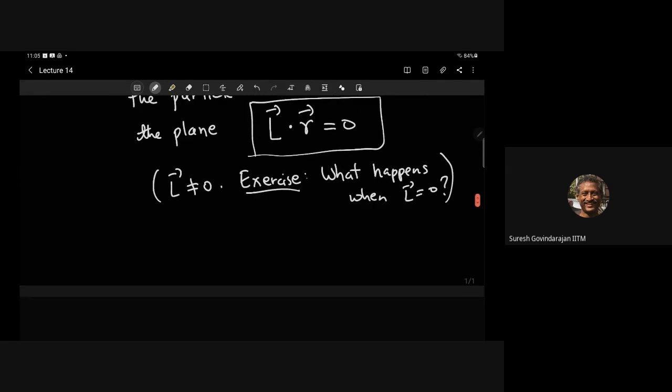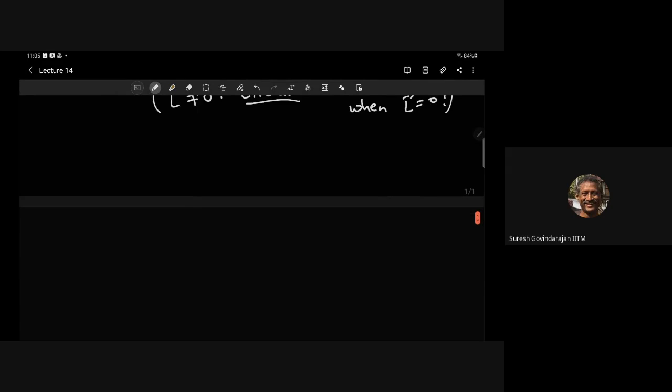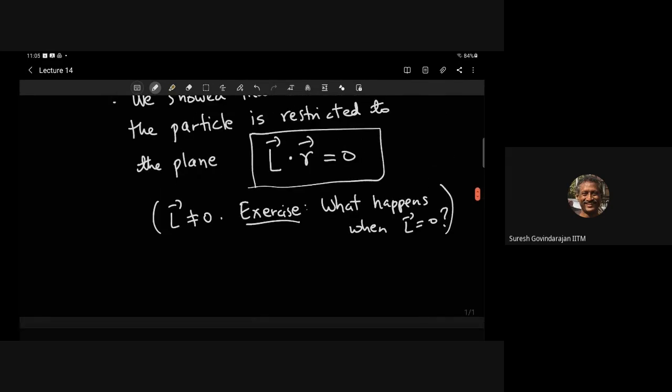Please play with it and figure this thing out. And so the thing is, when L is not equal to 0, it picks out a direction. So the angular momentum picks out a direction in space.